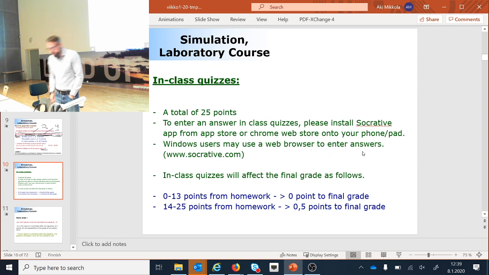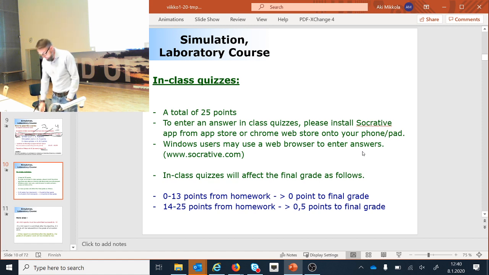Okay, so in-class quizzes, this is business as usual, you know how it goes. We have a total of 25 points, and if you're able to score 14 out of the 25, I'm going to give you that extra 0.5 points, which automatically upgrades your final grade by 1 number.